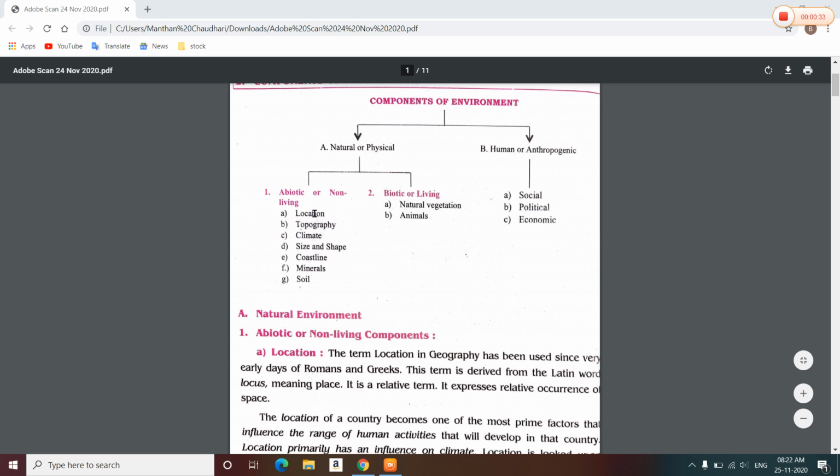abiotic or non-living factors, and biotic or living factors.